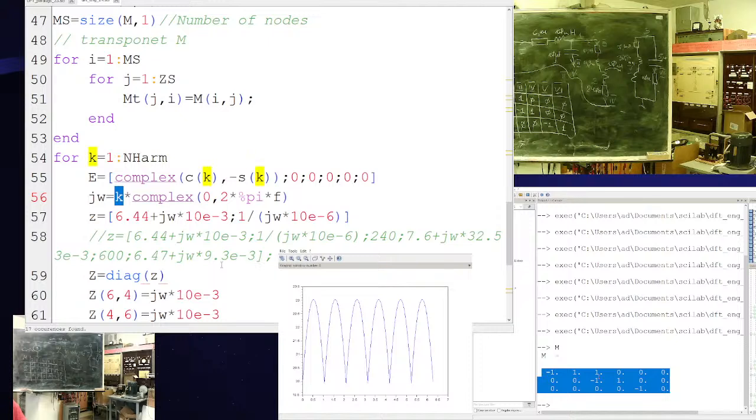That's why I have a harmonic number here, and on each step of this for cycle, I will have the correct frequency. Understood? If understood, I can put in branch number 3.